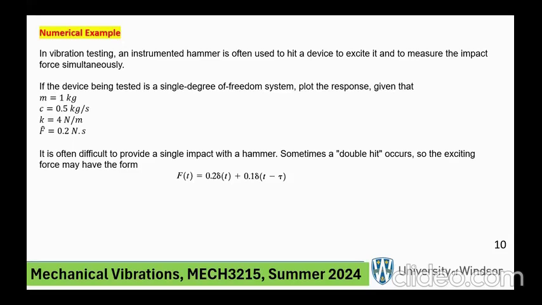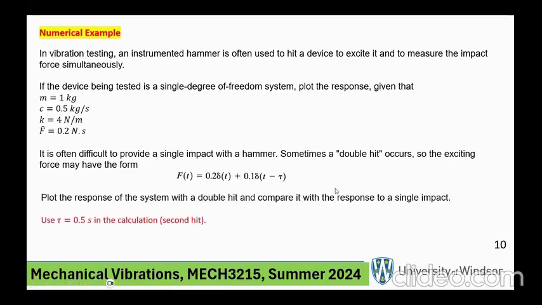When a double hit takes place, the loading is going to be the initial hit, which was 0.2 delta of t, and then the second hit, which is 0.1, the impulse value, times delta of t minus tau, where tau happens to be a little bit later.